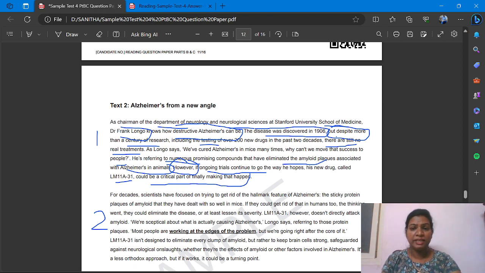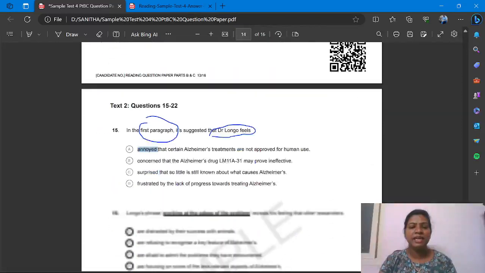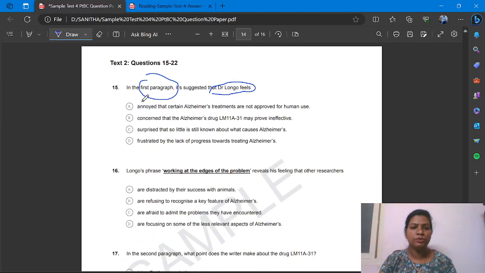He says, but despite more than a century of research, including testing of over 200 new drugs, there is still no real treatment. But here it is not saying he is annoyed. Then we can eliminate this option. Not approved for human use is not mentioned anywhere.